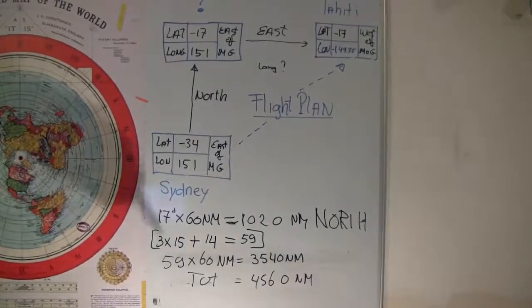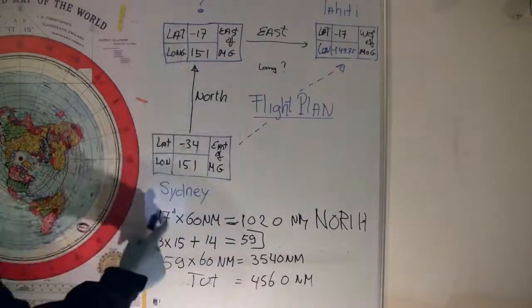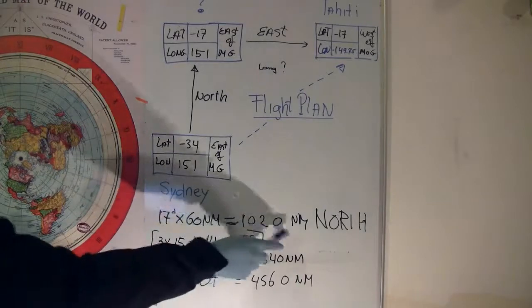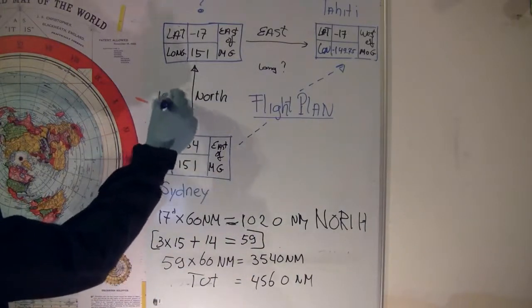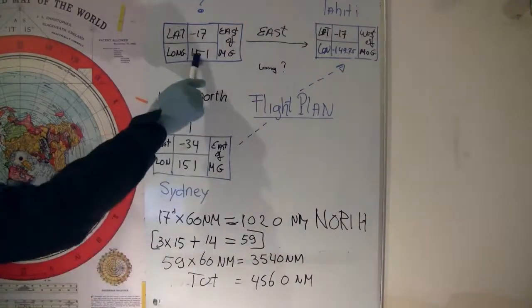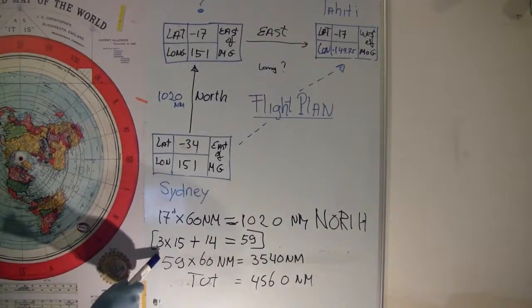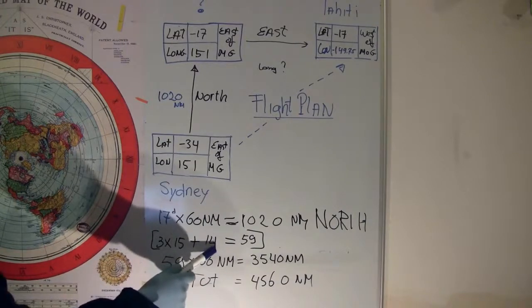It means we have to fly 16 degrees north. That is 16 degrees times 60 nautical miles. That makes a total of 1020 nautical miles north. And from this position we have to turn east, and that's 3 times the longitude lines plus the 14 degrees to Sydney.